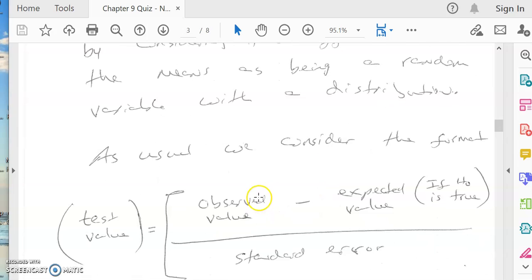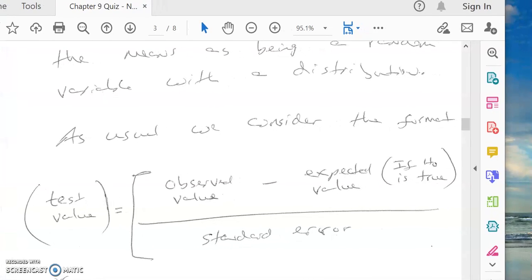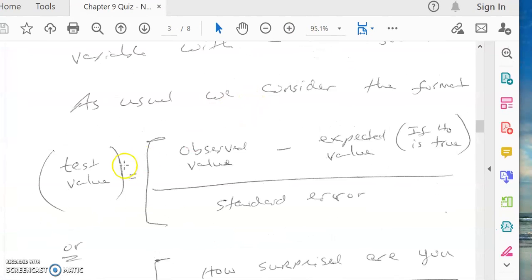And as usual, we're going to consider the same format that we typically use, or I use anyway. The test value that we're going to obtain is the observed value, take away the expected value, and that's the expected value if the null hypothesis is true, and all of that is over the standard error.